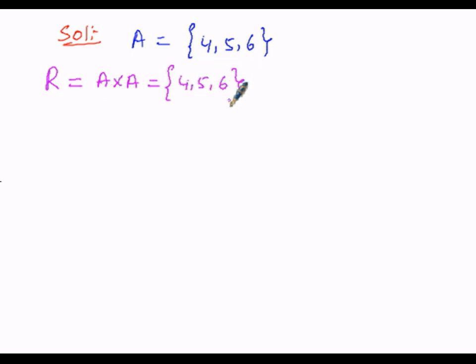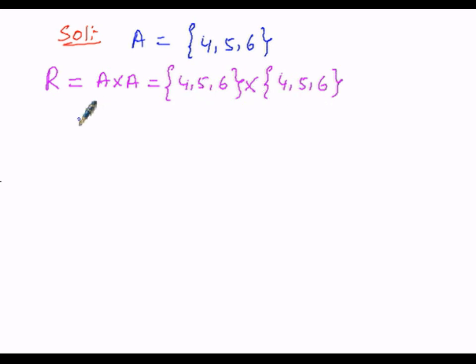Already I have stated that in order to get the relation, we have to find the Cartesian product of A and A. So, A cross A equals, the elements of A are 4, 5, 6, cross the elements of set A again, 4, 5, 6.